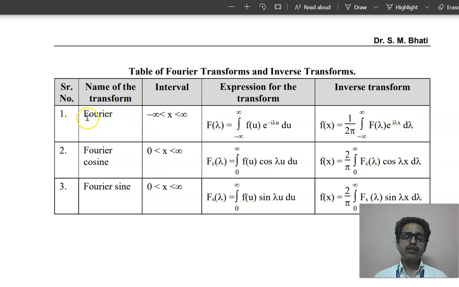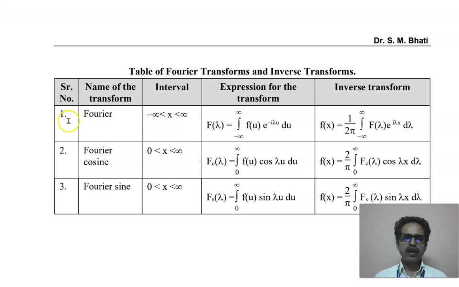Now for the Fourier transform, the function has a range minus infinity to plus infinity, meaning all real numbers, while for the remaining two transforms we have a range 0 to infinity, that is, x is a positive real number. Here in the first case x is any real number, while in 2 and 3 x is a positive real number.